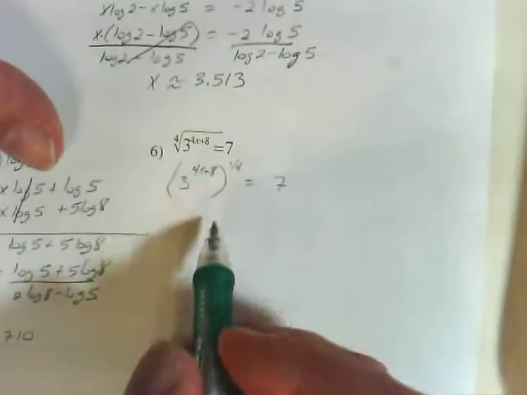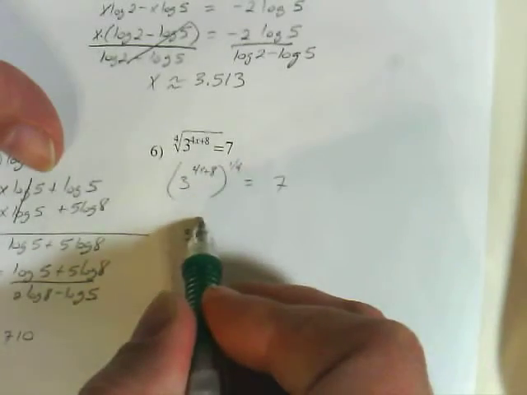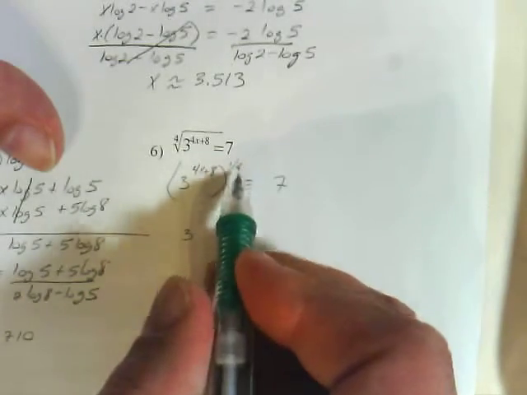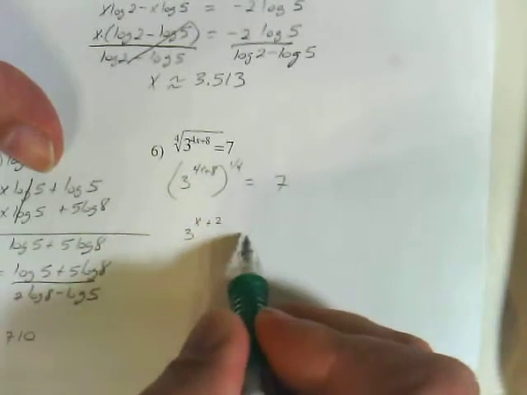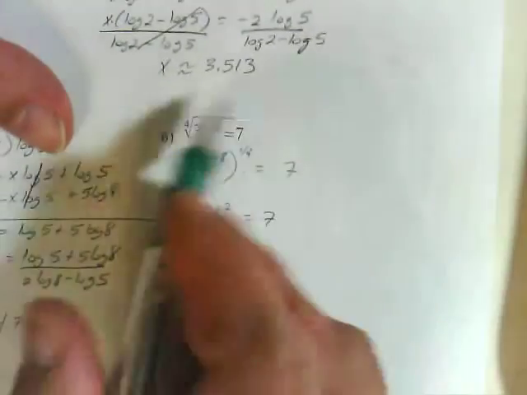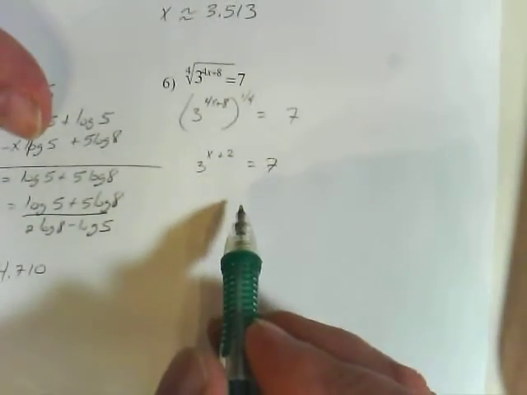A power to a power I can multiply, so this is equivalent to 3 to the 4x times 1/4 will give me x, plus 8 times 1/4 will give me 2, is equal to 7. So something that looked relatively complicated became relatively simple.